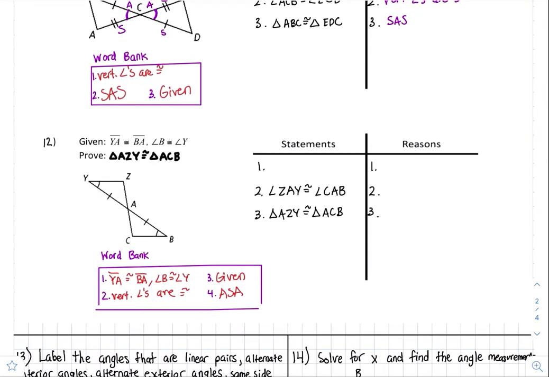Number 12. So, the first statement is the given. So, I'm just going to rewrite it. YA is congruent to BA, and angle B is congruent to angle Y. Given. Now, angle ZAY, which is right here, is congruent to CAB, which is right here.